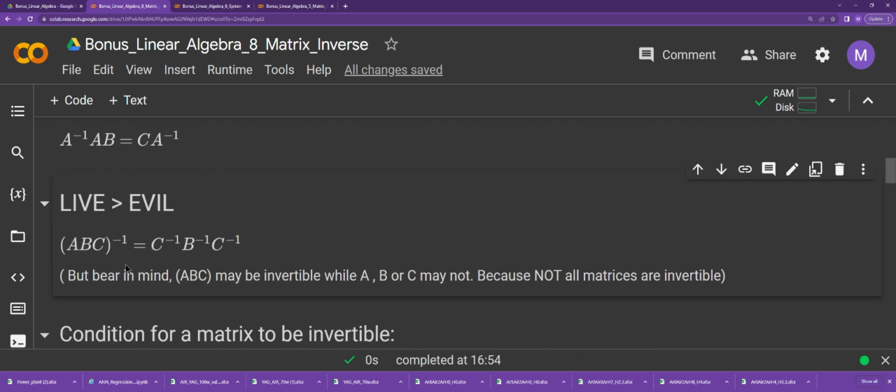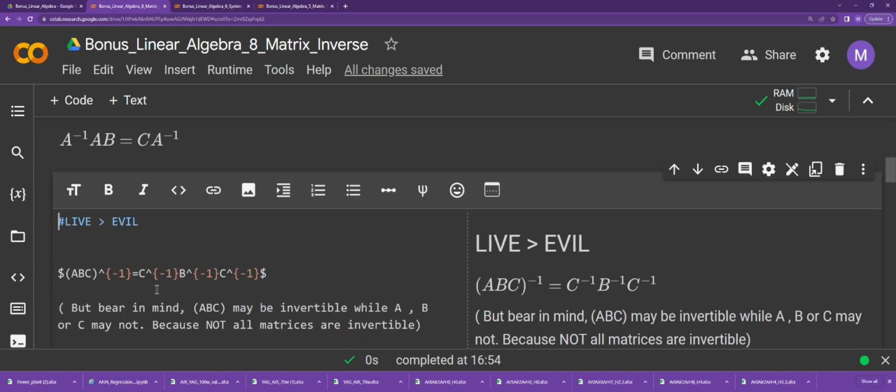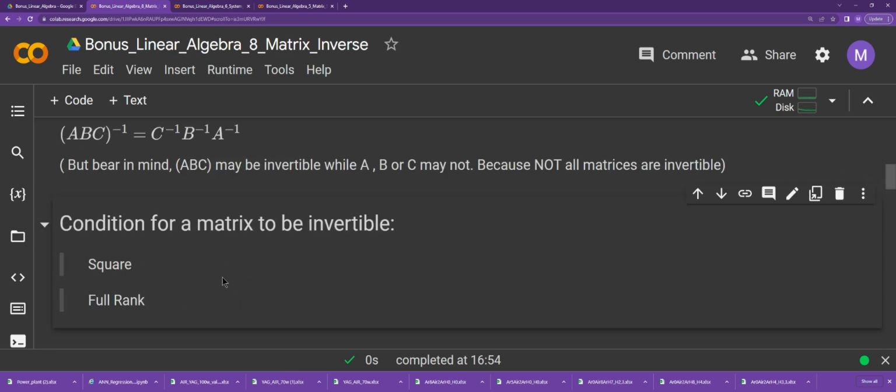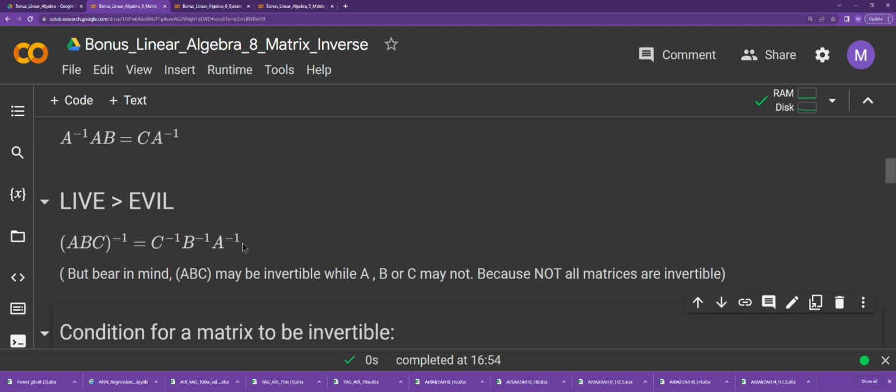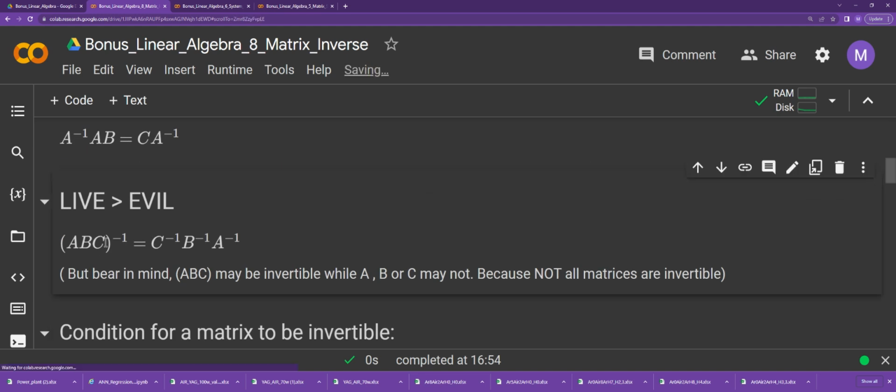So if you have A, B, C, 3 matrices dotted with each other, the inverse of that entire dot product, if you want to break it down, would be, just look at the order, and this is my bad, I should have put C, B, A. It would follow the other way around: C inverse multiplied by B inverse multiplied by A inverse.